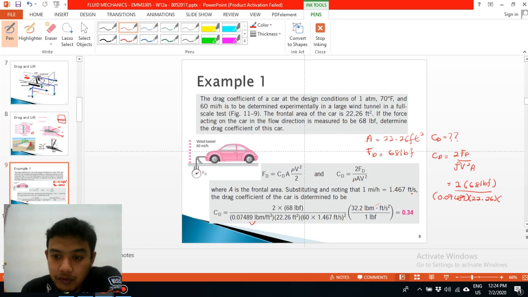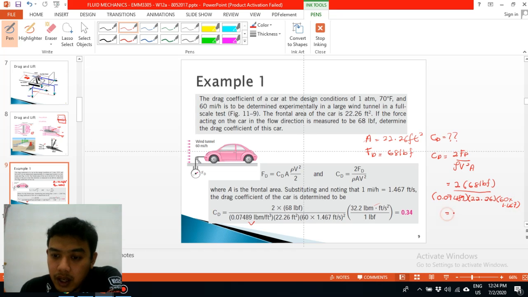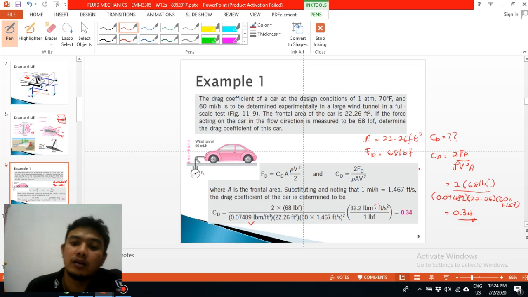We change it to feet per second, so we times by 1.467. So 60 times 1.467. At the end we will get C_D is 0.34.